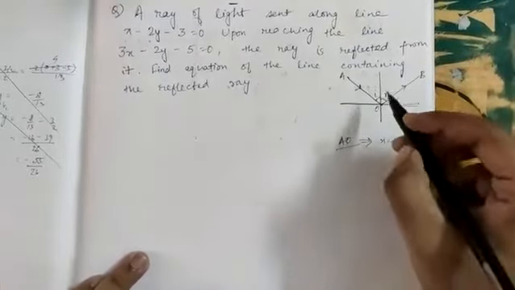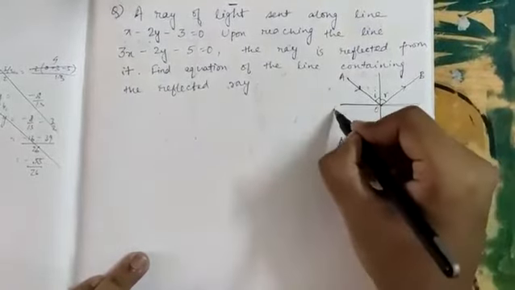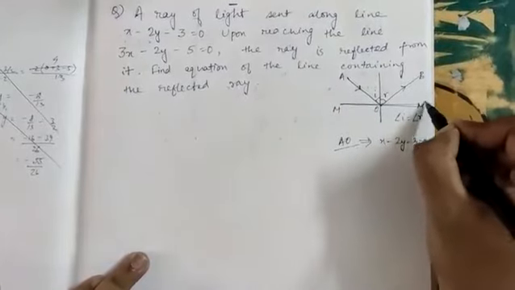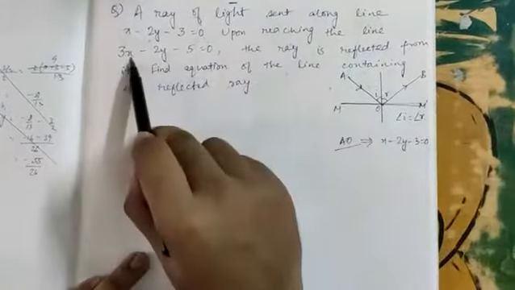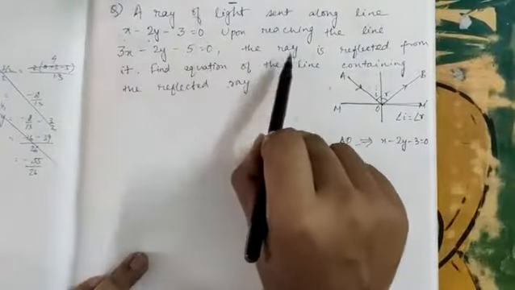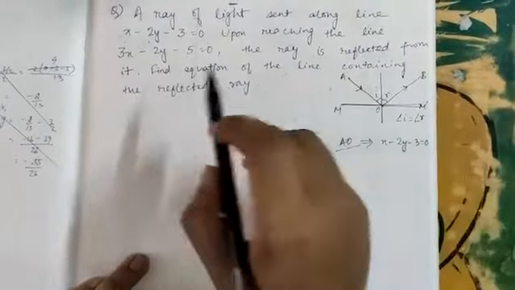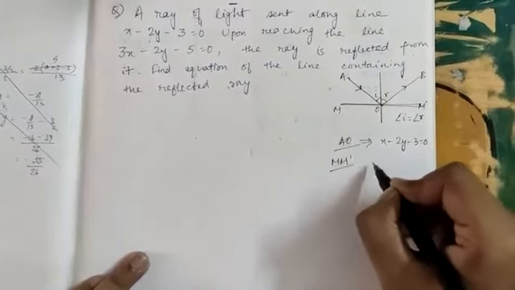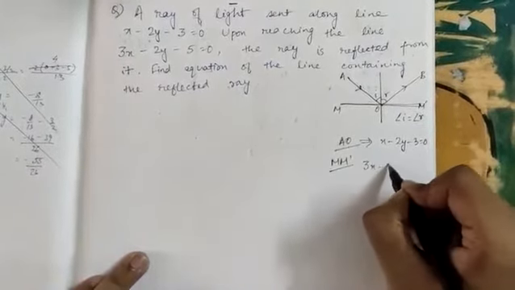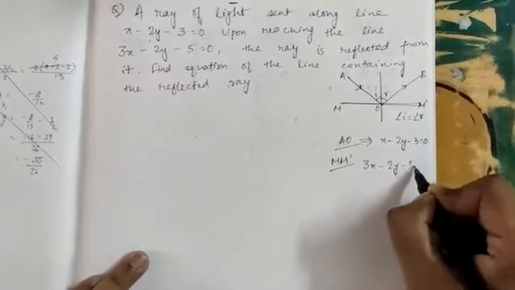Okay, and this mirror, I am taking it as MM dashed. Upon reaching the line 3x minus 2y minus 5 equal to 0, the ray is reflected from it. So the equation of the mirror is given as 3x minus 2y minus 5 equal to 0.